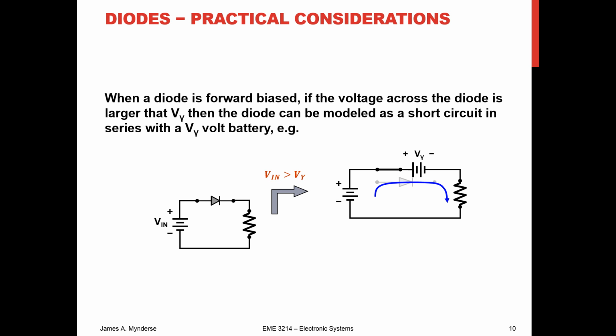And so we get current flow that way. If we're the other way, between Vz and Vy, in our reverse bias region, then it acts like an open circuit, no current flow. It's just sitting there with nothing going on. There's our open circuit.